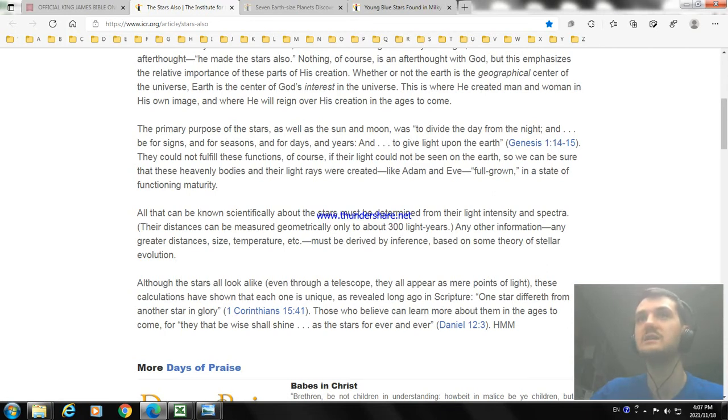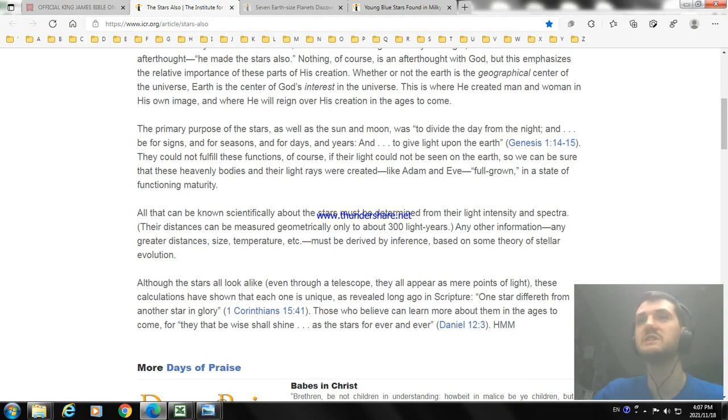And they could not fulfill these functions, of course, if their light could not be seen from the earth. So it can be sure that these heavenly bodies and their light rays were created like Adam and Eve, fully grown, in a state of functioning maturity.